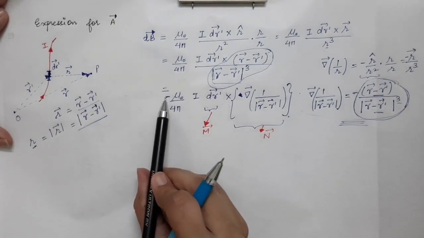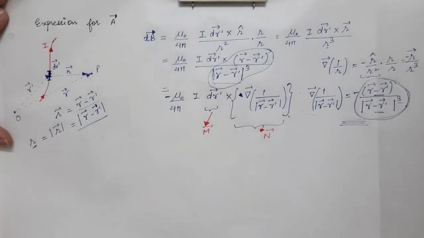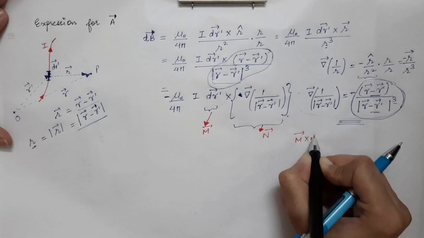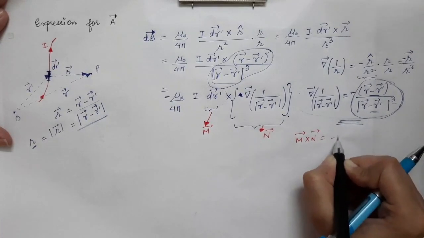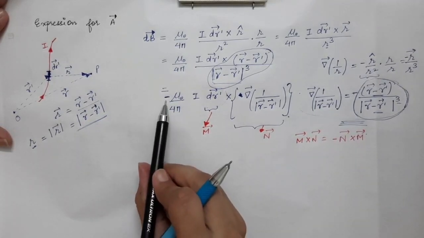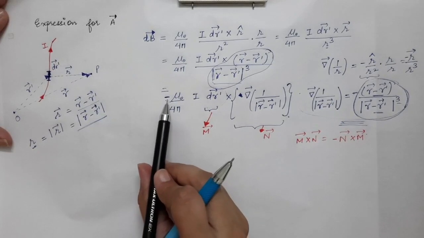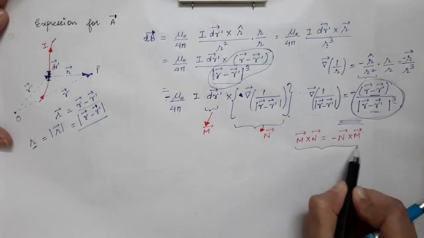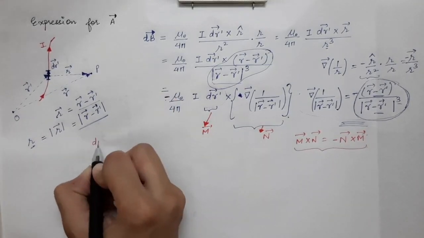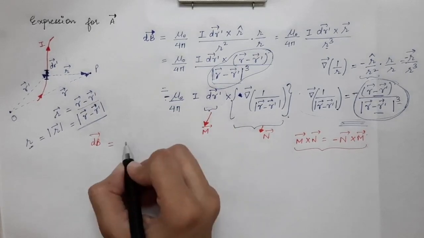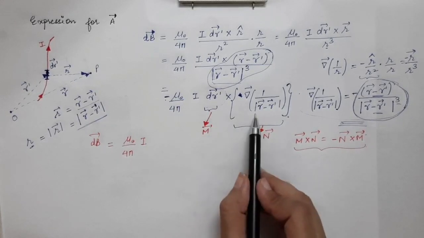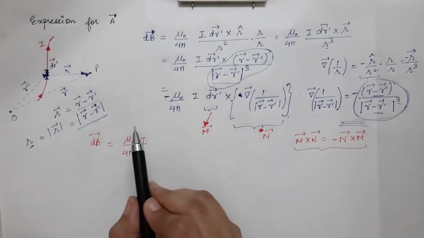So here you have a negative sign. So now let's use the property of the cross product of vectors. So m cross n can be written as negative of n cross m. So here you already have a negative sign, so you can adjust this negative sign using this expression. So what you will get? dB vector as it is will be equal to mu naught divided by 4 pi as it is, then I times, now you will swap these two vectors and you will adjust this negative sign.